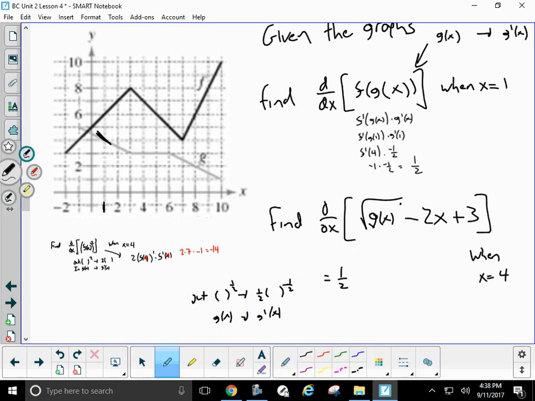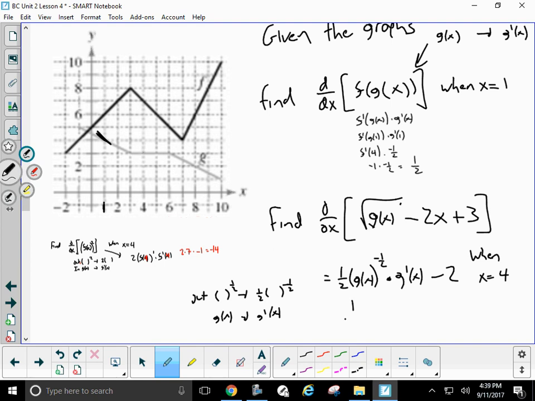So I have 1/2 g of x to the negative 1/2 times g prime of x times the derivative of negative 2x plus 3, which is negative 2. Oof. Plug in 4, g of 4 ends up being 3.